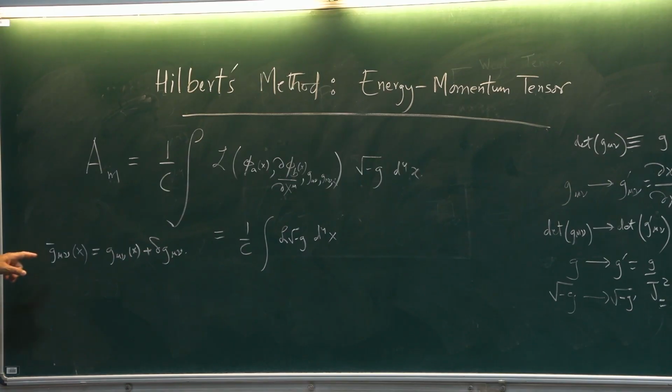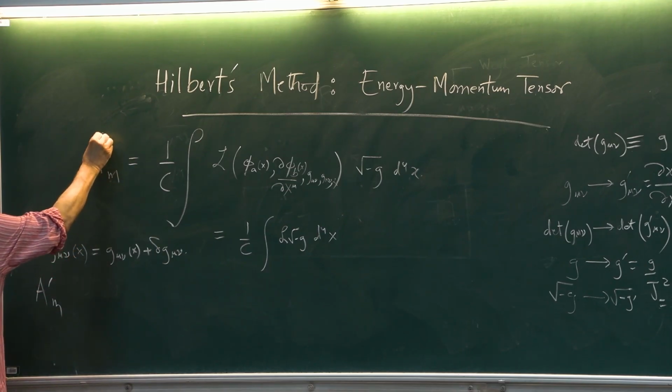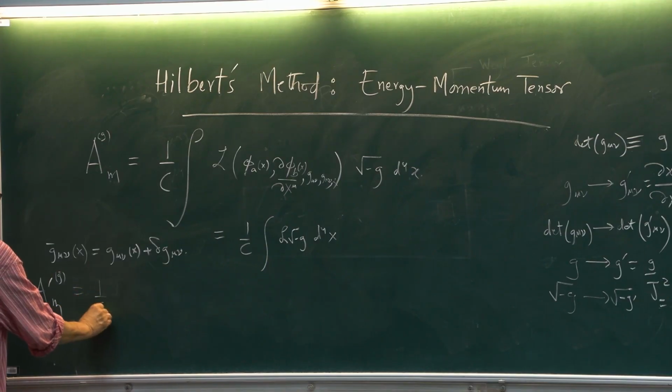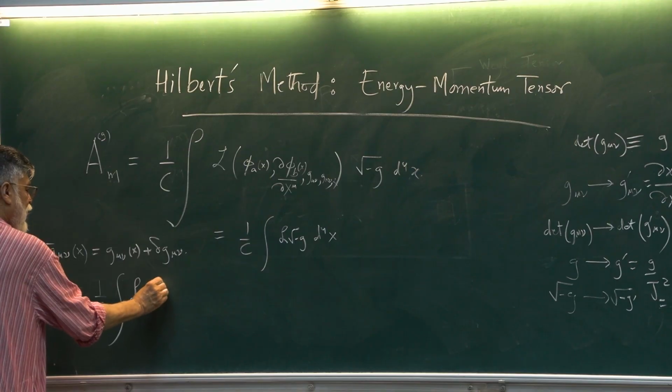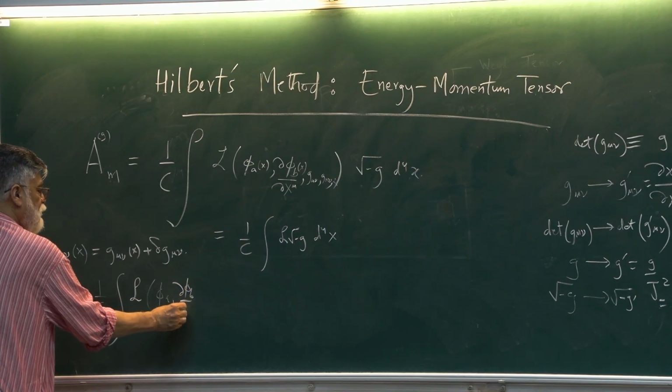So obviously with this, you have a different A prime m. So again, let's write down, because if someone is encountering this for the first time, this is when you used the metric g, and this is when you are using g bar. A prime is with g bar. Then by definition, this will be 1 over c integral of L, where phi a will not change, del phi b by del x mu will remain the same.